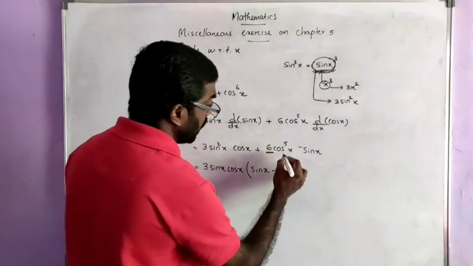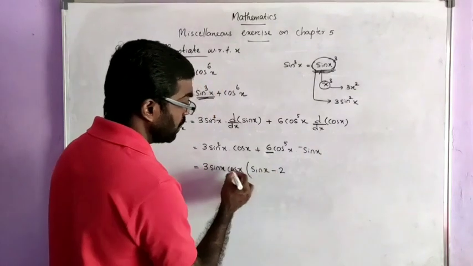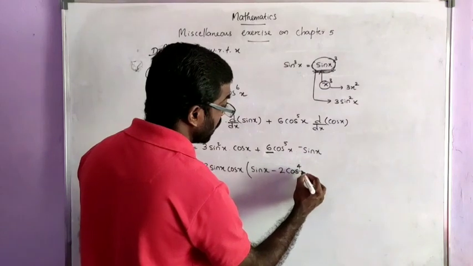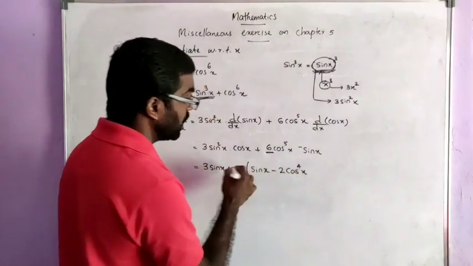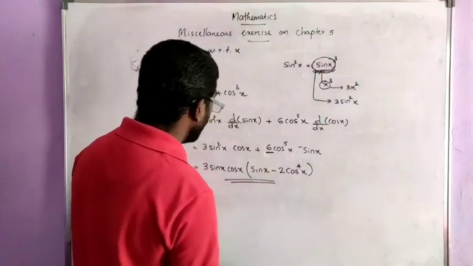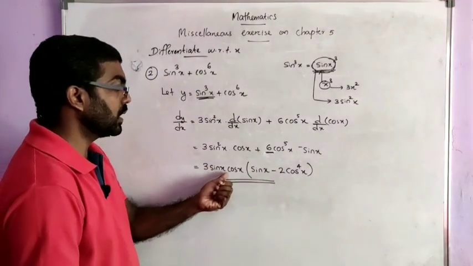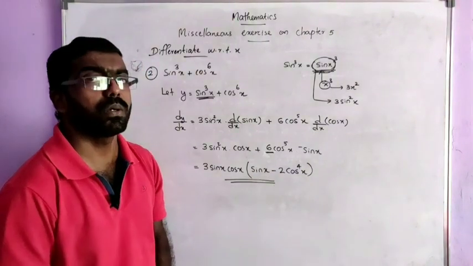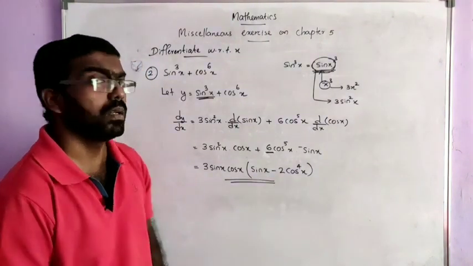Then cos⁵x, one cos x we take out, so the remaining is cos⁴x. The sin x we take as common. Clear? So the final answer is 3 sin x cos x into (sin x − 2 cos⁴x). Clear?